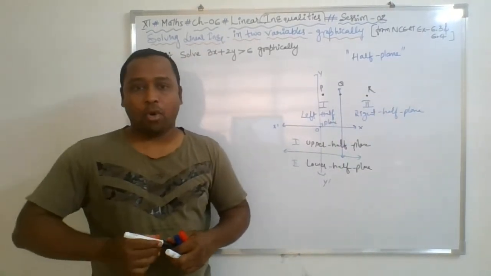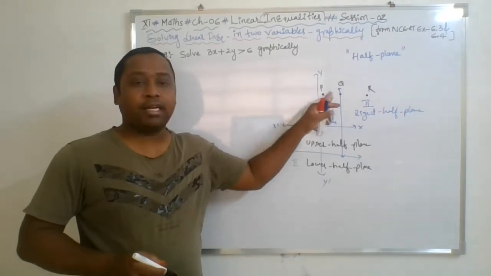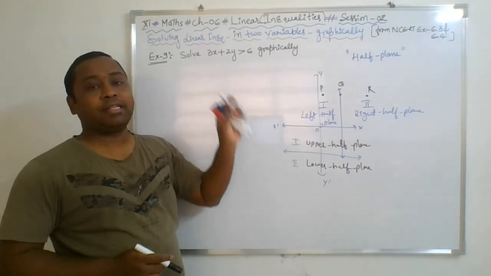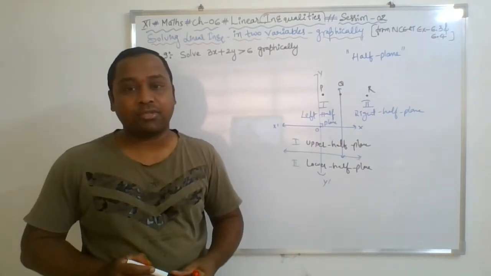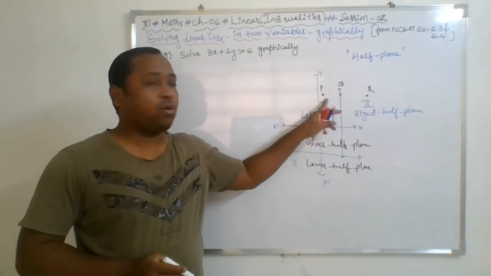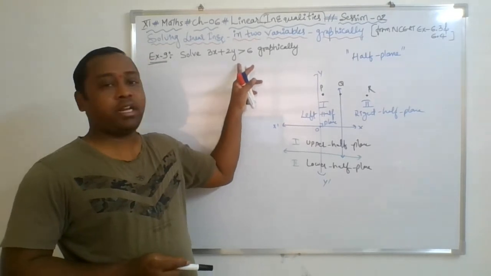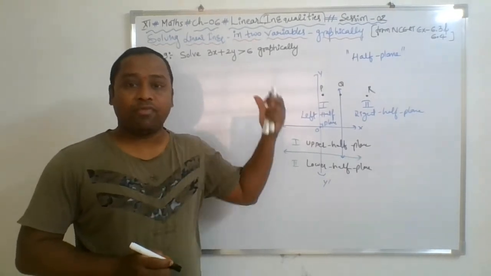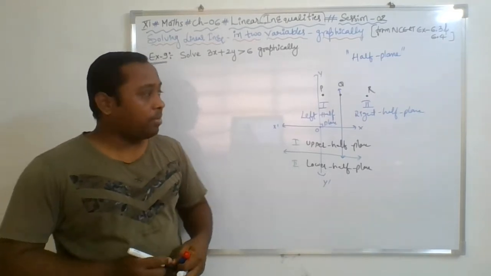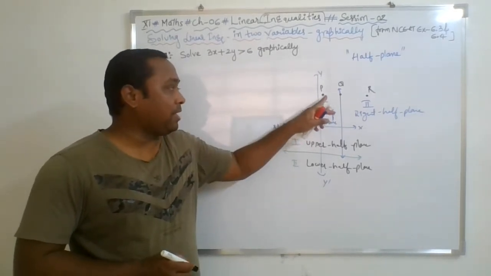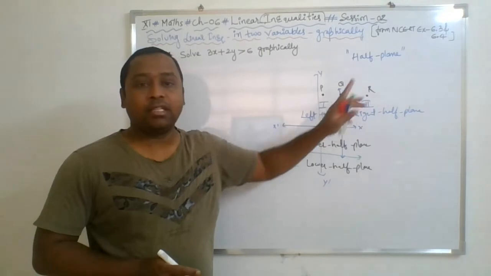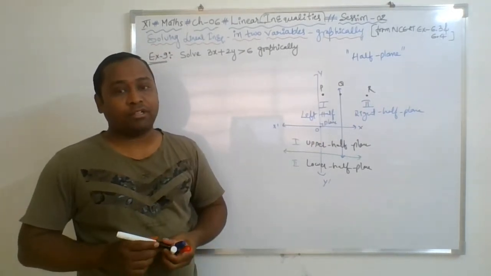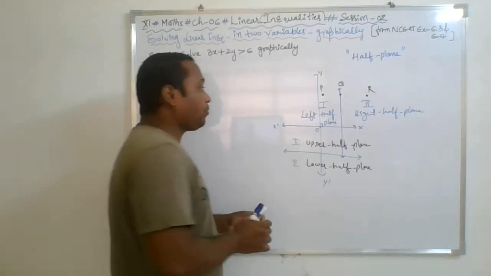So every point having the coordinates x comma y may satisfy or may not satisfy. If a point's coordinates satisfy the inequality, that point is called a solution of this inequality. Similarly, every point in the xy plane may or may not be a solution.